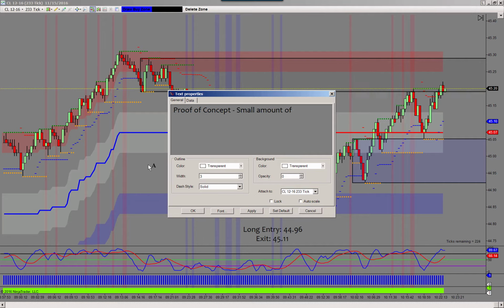Small amount of capital. Once that concept has been proven, then what? Add capital and scale. Well, how do we do that in trading?